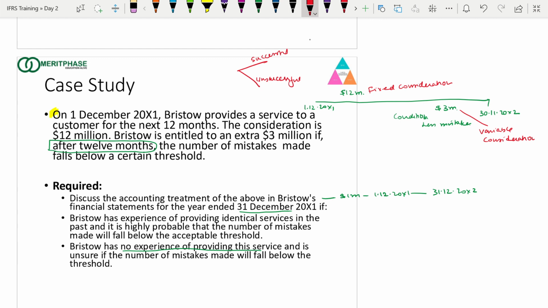Discuss the accounting treatment for the statements at 31st December. If they are highly probable that the number of mistakes will fall below the expected threshold, can you tell me what is the value? What is the revenue?